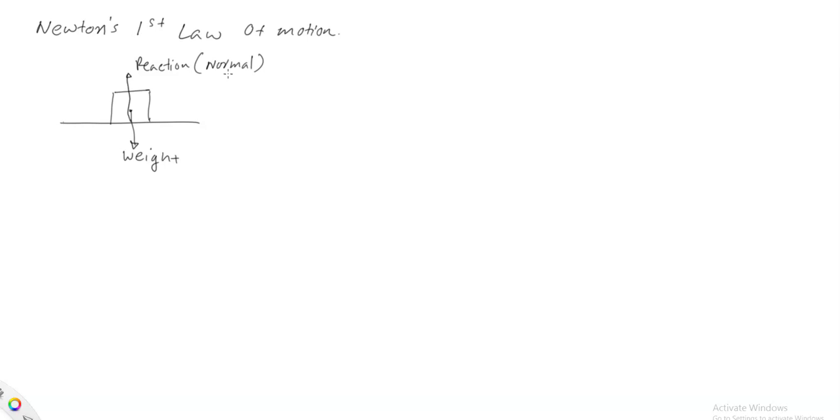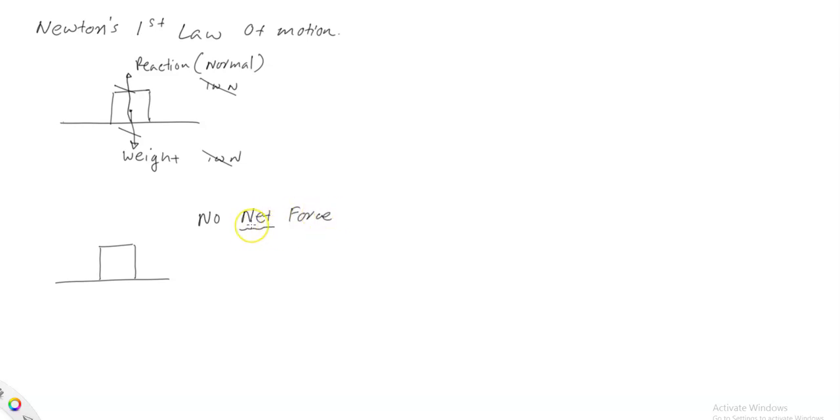But on the other hand, these two forces cancel out each other. So they are equal in number, opposite in direction. So if weight is 100 newtons, reaction will be, or the normal force is also 100 newtons in the opposite direction, so they cancel out each other. So we can say that this box sitting on the floor, there is no net force.